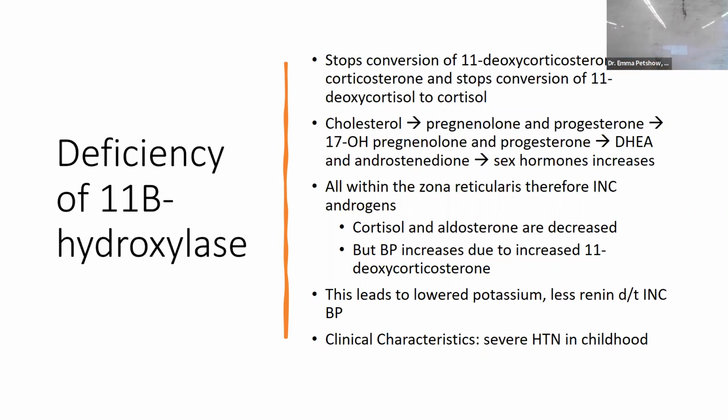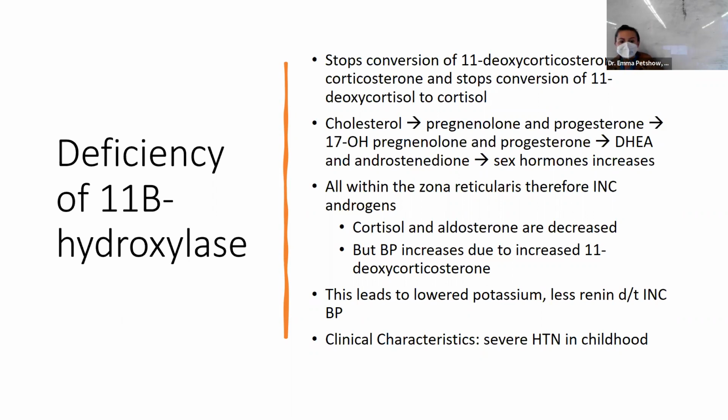So we're going to be mainly shunting down that pathway, but not everything is exactly the same as our 21 hydroxylase deficiency, and this is why. All the regions that we're still pushing the pathway through is through the reticularis, so androgens are increased. Therefore, we're going to see cortisol and aldosterone be decreased still in this pathway. But this one's different because blood pressure increases in deficiency of 11 beta hydroxylase, which is super confusing.